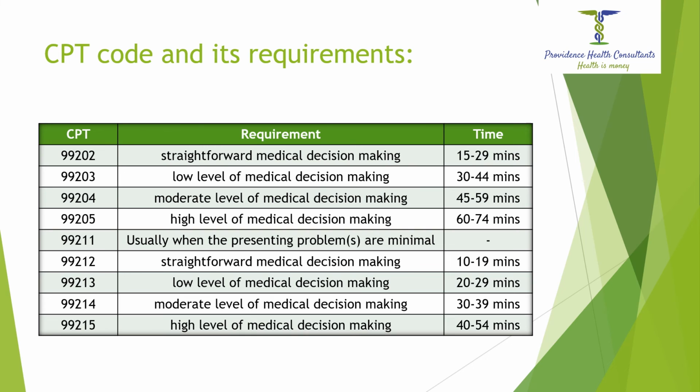And actually, till 2020 we were considering all the history and physical examination along with the MDM part. As the 2021 guidelines have been updated, we are mainly looking at the MDM level of category.